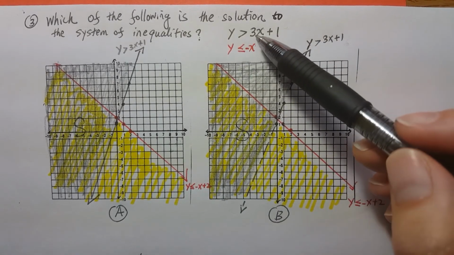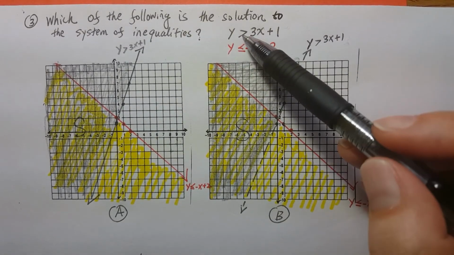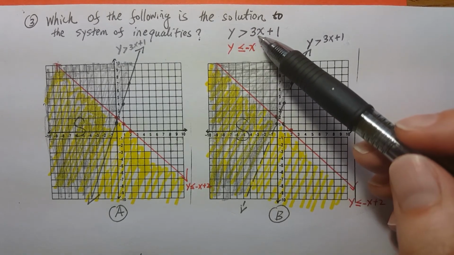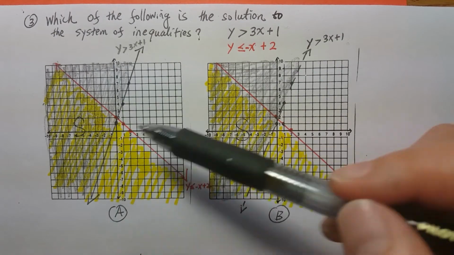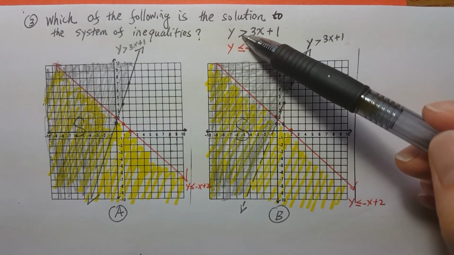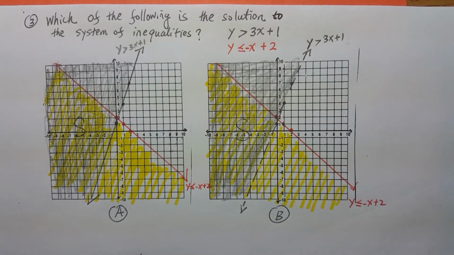Y is greater than 3x plus 1, shaded above. Okay, they both shaded above. This would be a dashed line.